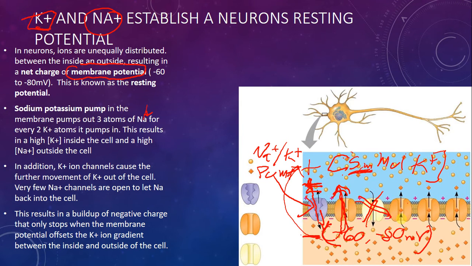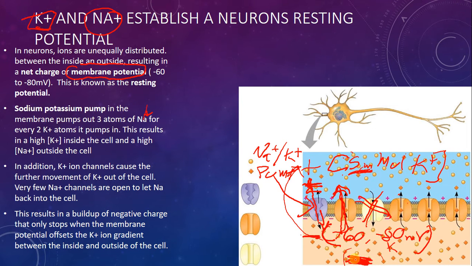This will result in a buildup of negative charge on the inside, all right? And it will continue to build up until this negative charge is offset by the potassium atoms on the inside. Now they want to equal out their chemical gradient by diffusing this way.